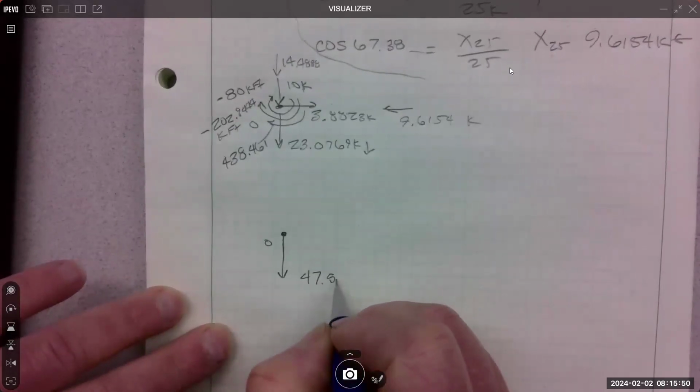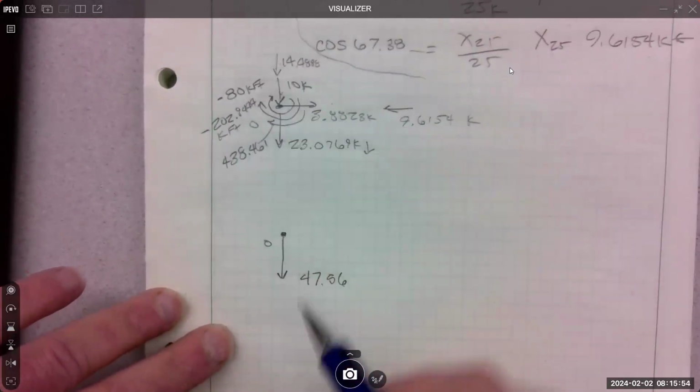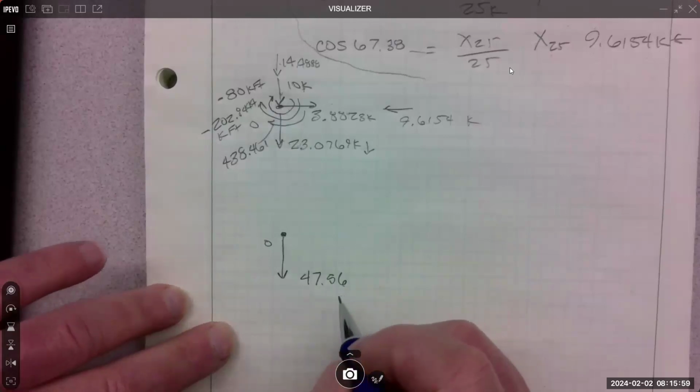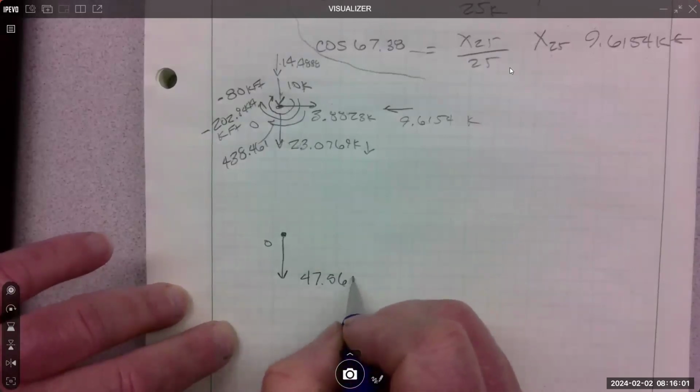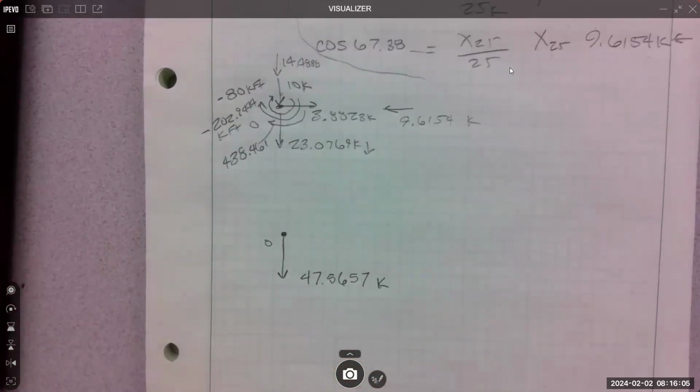We're doing the vectors first, just the vectors. But then I will add up the moments. Total down effect is 47.5657, if I didn't muck that up.